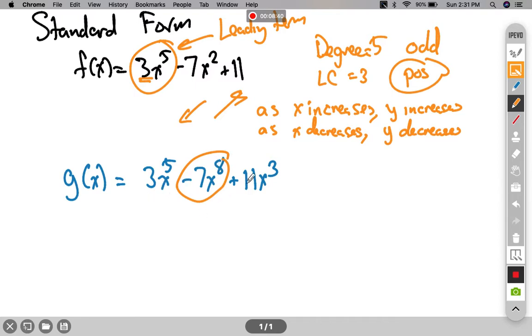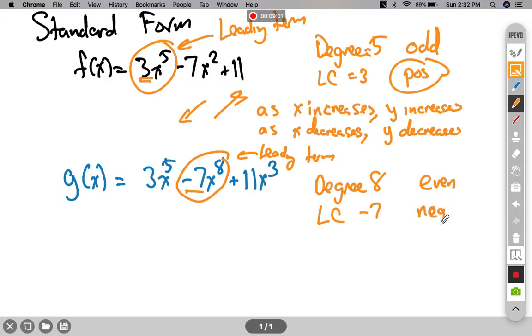But when I want the leading term, I'm looking for that highest exponent. So this is a degree 8. So this is even. And this has a leading coefficient of -7.